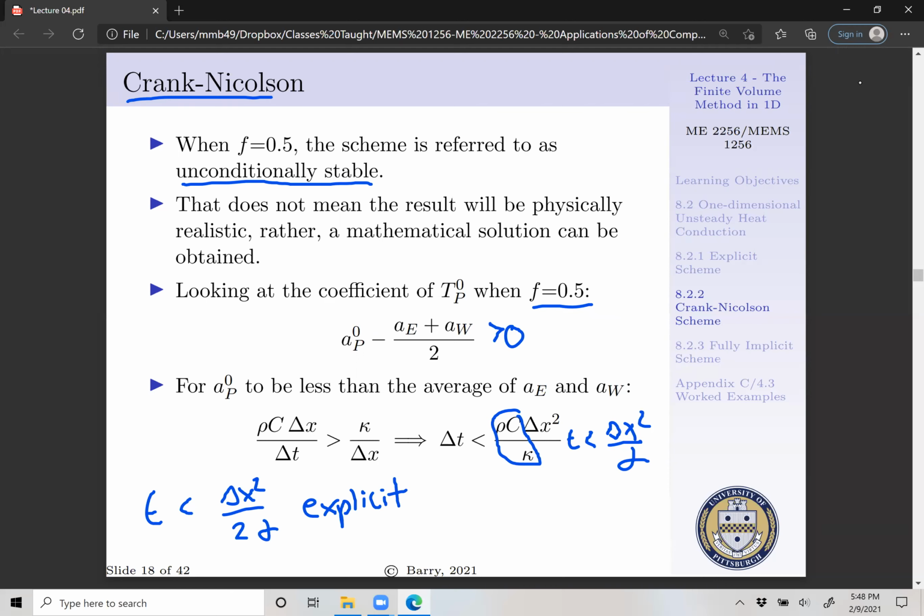So right now, using the Crank-Nicolson, we can conceivably have a delta T that is twice as large as that of using our explicit scheme. And it's unconditionally stable. Yeah, it's going to run. Are results meaningful? Who knows?